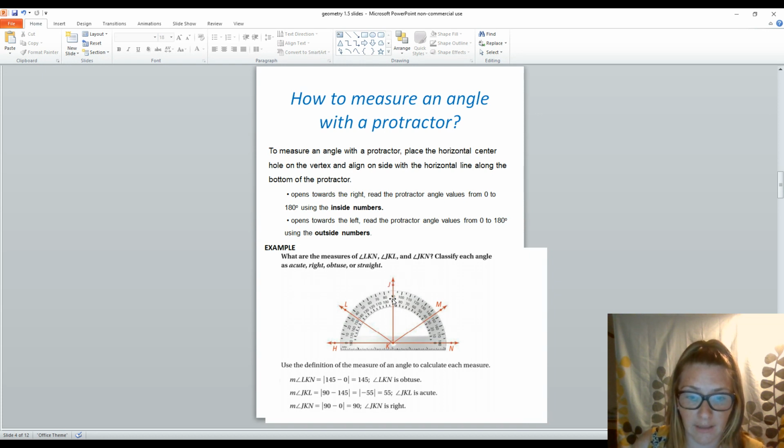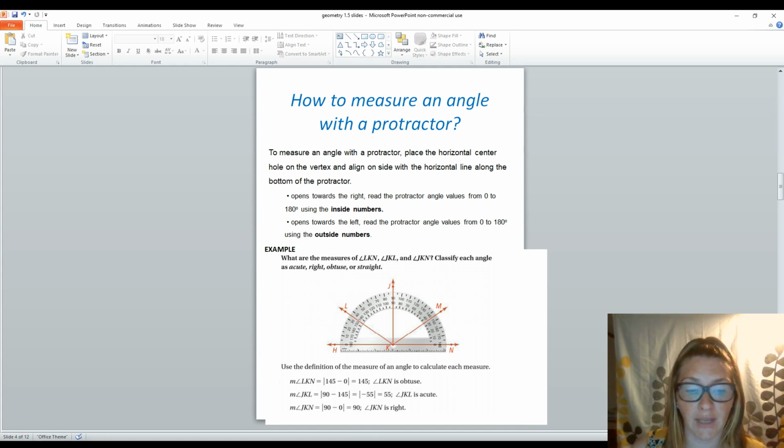You can see that J is on 90 and K is at 145. So I want to find the measure between the two. Notice I wrote 90 minus 145, and I'm taking the absolute value. You can go in either direction. It really doesn't matter, as long as you know that your answer is going to be positive. So here, JKL is acute, which makes sense because it is a small angle that is less than 90 degrees.